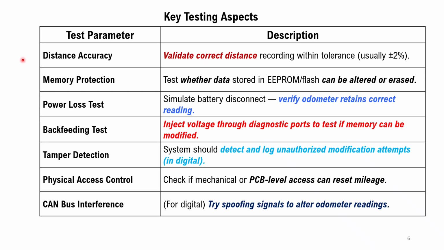Key testing aspects include number one, distance accuracy. That is, validate correct distance recording within tolerance of usually plus or minus 2%. Number two, memory protection. Test whether data stored in EEPROM or flash can be altered or erased.